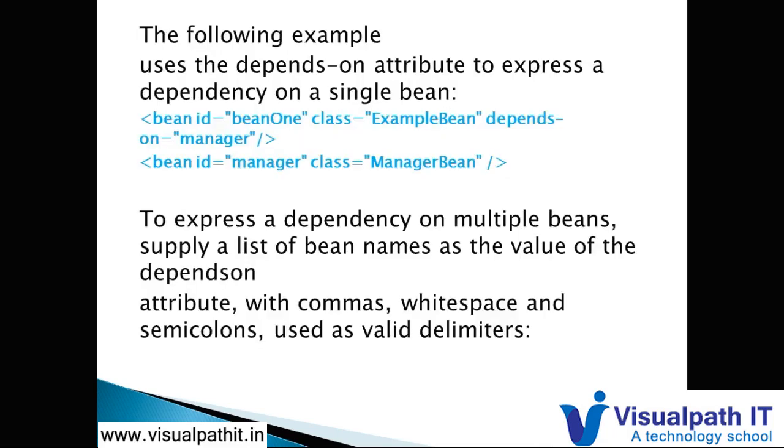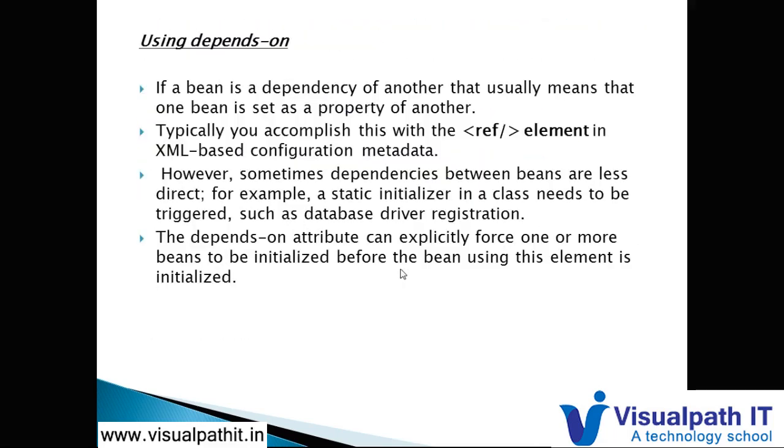How to use the depends-on attribute? Let's see how to use the depends-on attribute. If a bean is dependent on another, it means that one bean is set as a property of another. So usually what we do, we use the ref element in the XML configuration metadata.